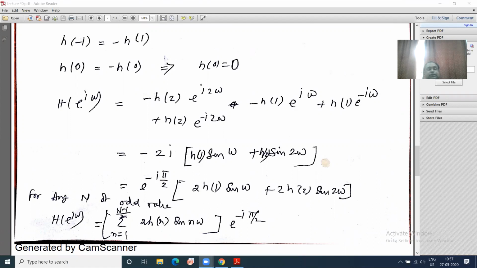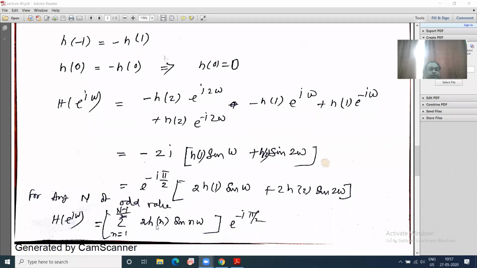Another important thing, for any general odd value of n, I will write n equal to 1 to n minus 1 by 2. Suppose n equal to 5, so it will become 5 minus 1 by 2, 4 means 2. So n equal to 1 to 2.